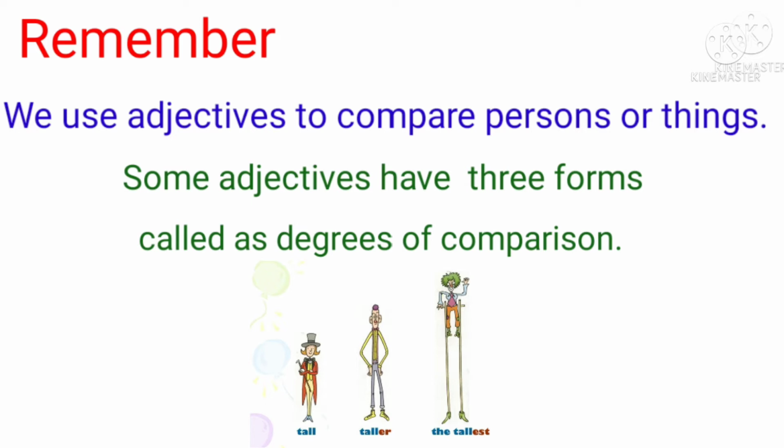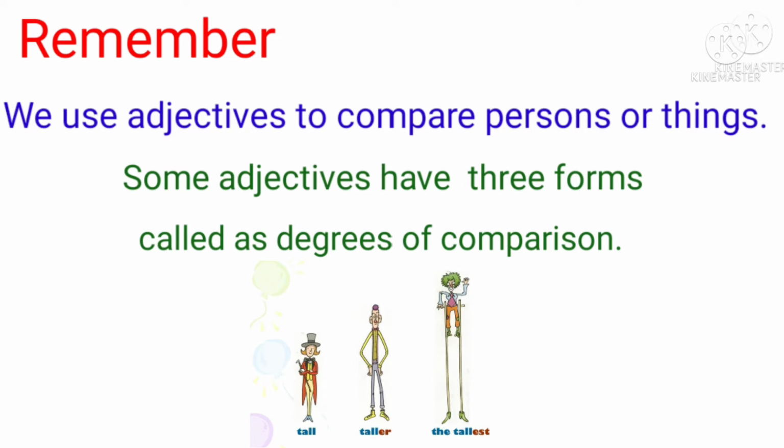As you can see in the picture, it is given as tall, taller, the tallest. Let me give names to these three persons. If I say Suresh is tall, then the second person is Mohan, so we say Mohan is taller than Suresh.